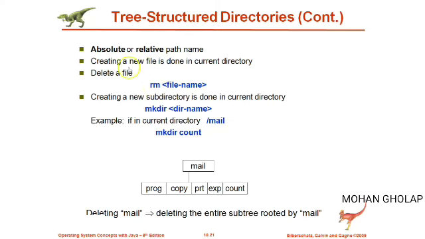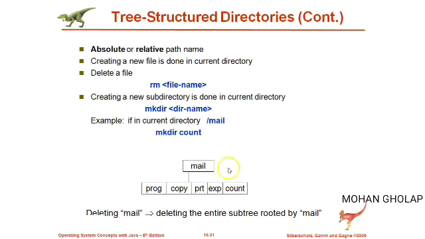Here we have some examples. If you want to create a new file, it is done in the current directory by using a particular editor. If you want to delete a file, you can use the command rm followed by a file name. If you want to create a new directory or a subdirectory in the current directory, you have to use the command mkdir followed by the directory name. For example, if you execute mkdir count, and the current directory is /mail, a new directory count will be added as a part of this mail.